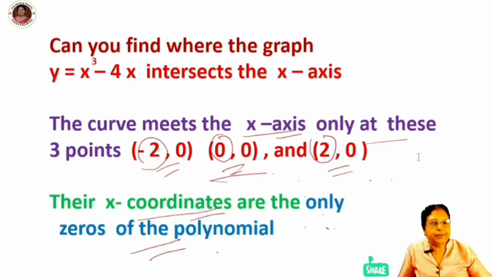In the case of quadratic polynomials, we have seen the zeros of the polynomial are the x coordinates of the intersecting points of the graph with the x-axis. The same thing we can see in the case of a cubic polynomial also. The graph intersects the x-axis at some points and the x coordinates of those points are the zeros of the polynomial.